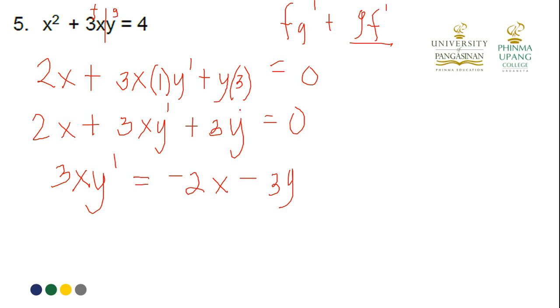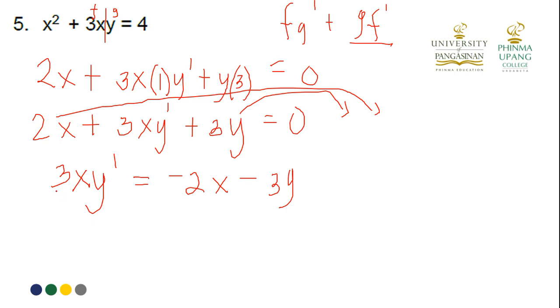Why, sir? Kasi yung 3y transpose to the other side. And of course, 2x transpose to the other side. You need to change the sign. That's why we have minus 2x or negative 2x minus 3y for our right hand equation.